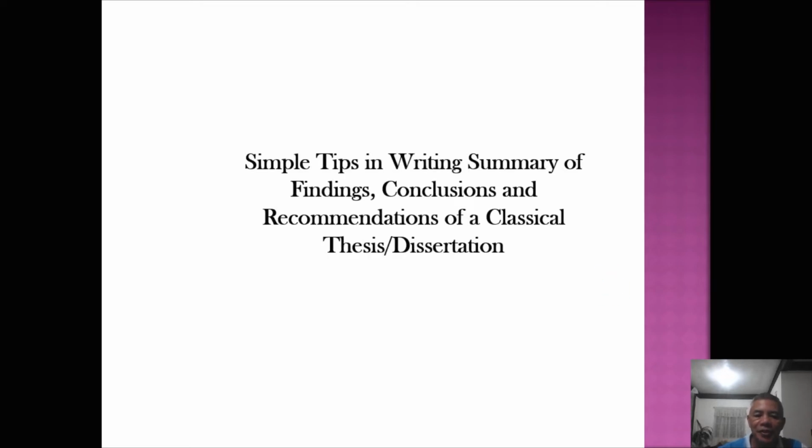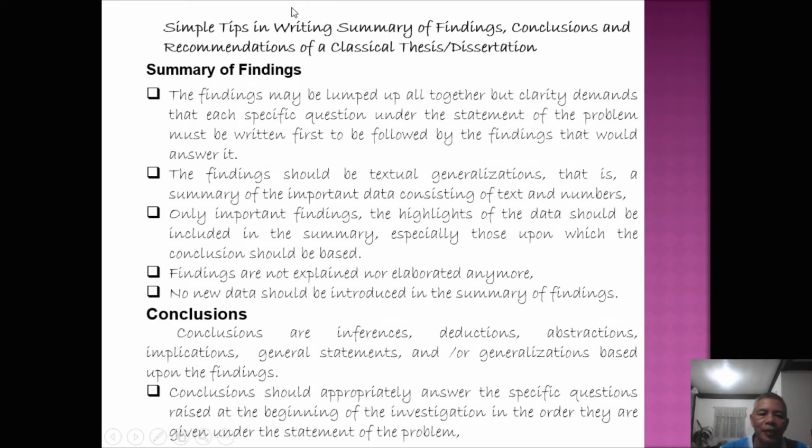Simple tips in writing summary findings, conclusions, and recommendations of a classical thesis or dissertation. These are the tips on summary findings. The findings may be lumped up all together, but clarity demands that each specific question under the statement of the problem must be written first to be followed by the findings that would answer it.